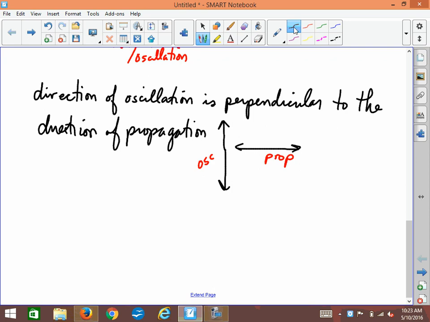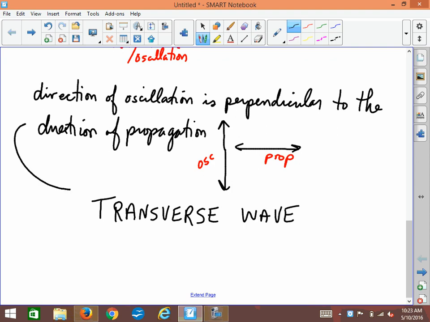When that happens, we have a very specific kind of wave, and that kind of wave is called a transverse wave. So that's another word for your vocabulary. Transverse wave is a wave where the direction of oscillation is perpendicular to the direction of propagation.